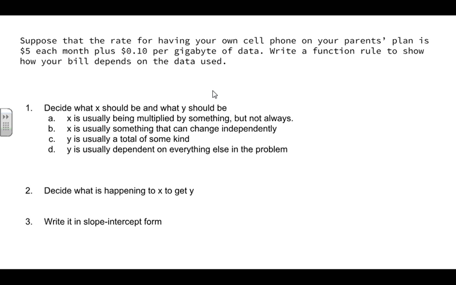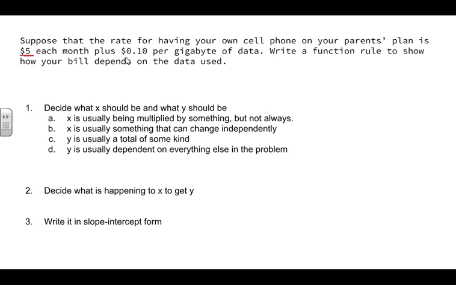So here's what we have in our deal here. We are going to have to pay for this plan, right? What is this plan made up of? Okay, this plan is made up of this $5 charge that just happens. Every month there's this $5 charge, and it doesn't matter what you do, you're going to get that $5 charge.